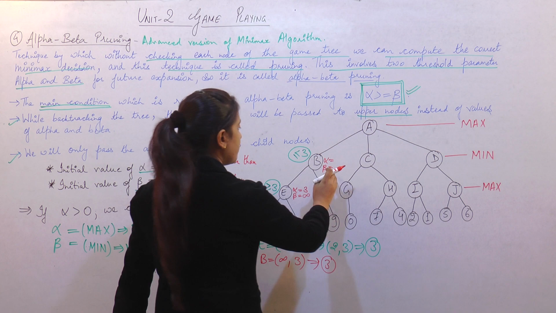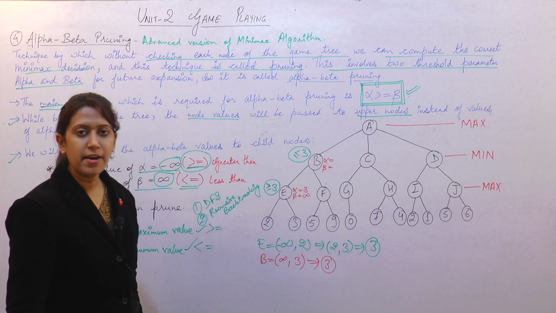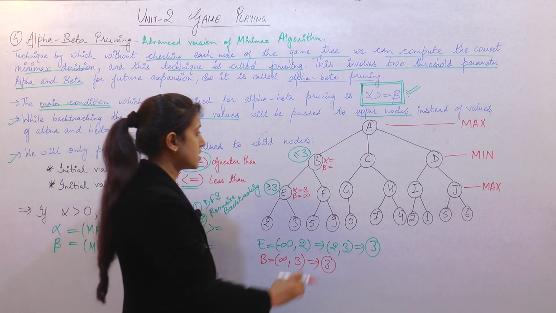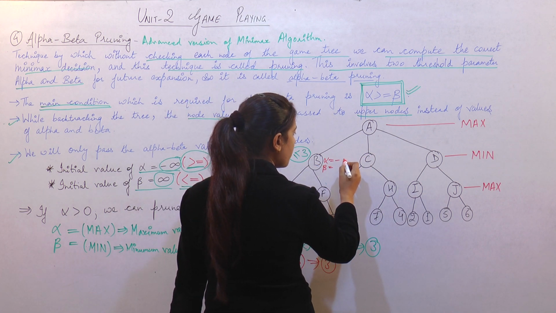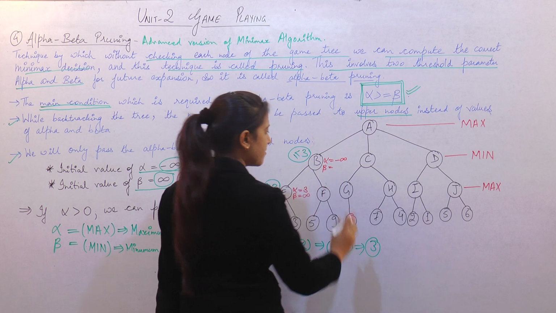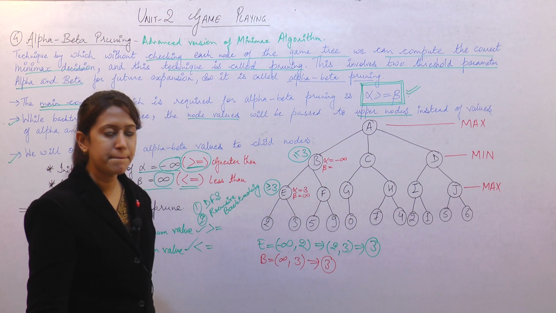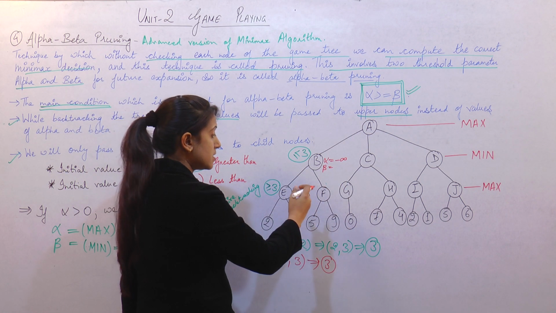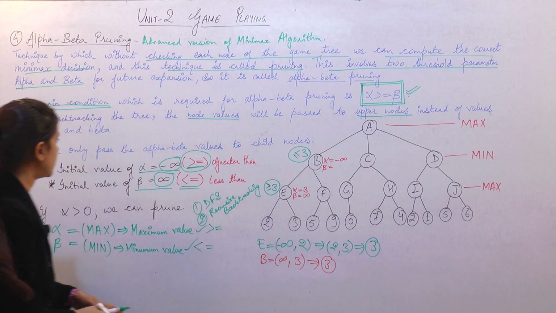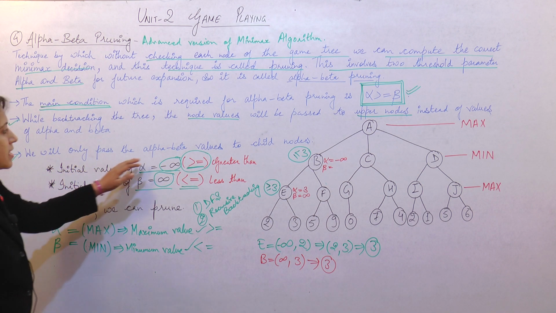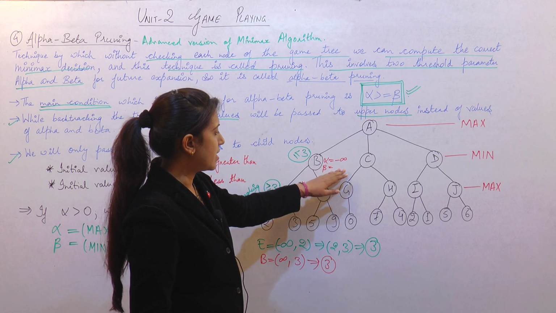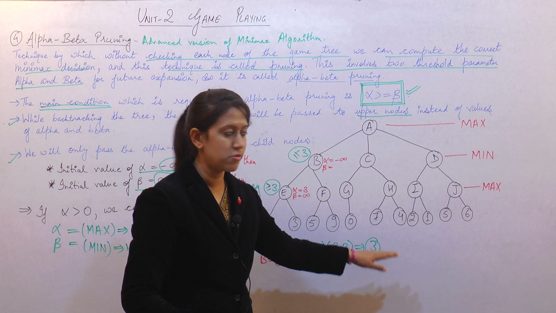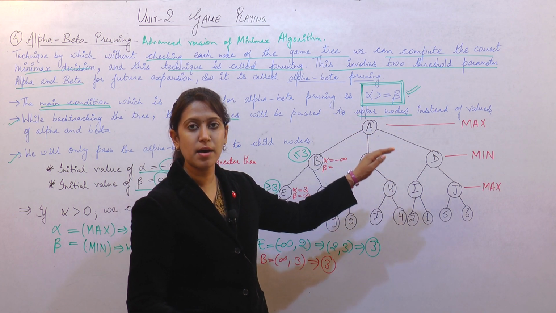Now we will calculate the values of alpha and beta. Since at node B min is playing, the value of alpha will remain unchanged and we will calculate the value of beta. Always keep this point in mind, that we can only pass the alpha beta values to child nodes. That means we can pass the alpha beta values to the lower or the child nodes, we cannot take the alpha beta values to the upper nodes.